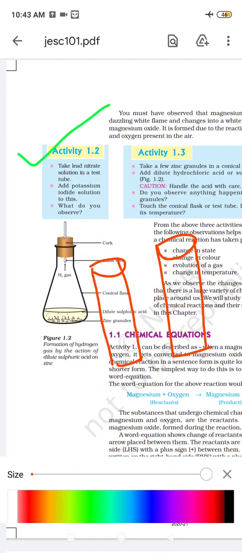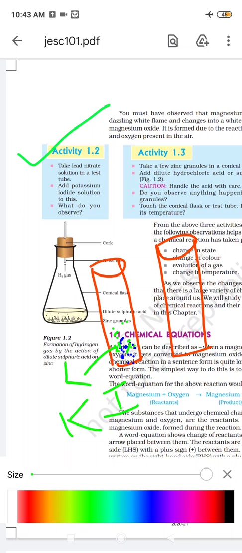Okay, in one test tube, take some potassium iodide. Potassium iodide is a white colored salt. Okay. Now take some water into it. So this is the solution of potassium iodide, KI.